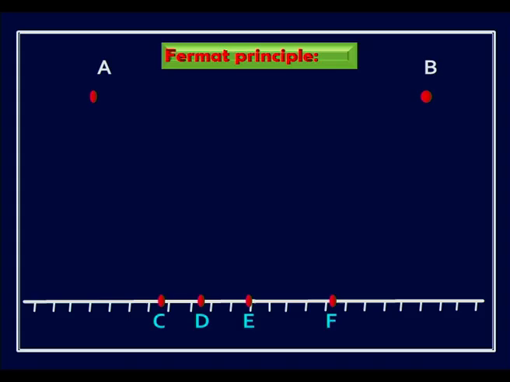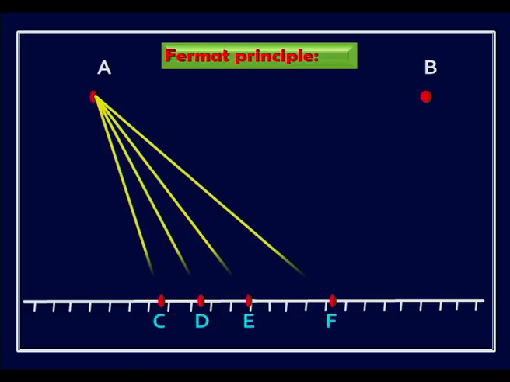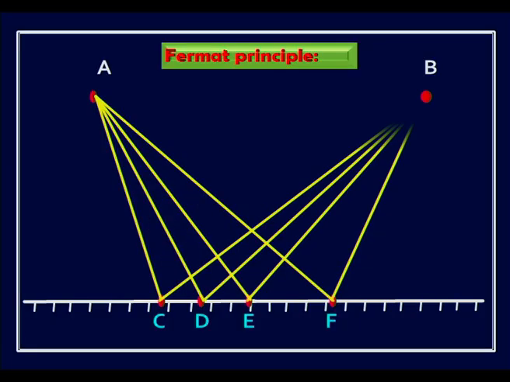Students, here observe the path of the light rays and observe the light ray which takes least time to reach point B. Here 4 rays are travelling toward the mirror and reach point B. Among these 4 rays, AEB is the path which takes least time to travel.